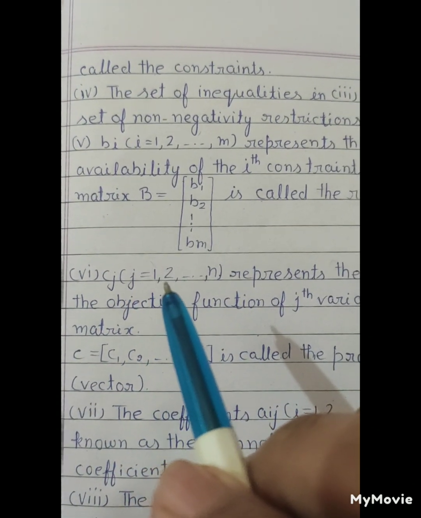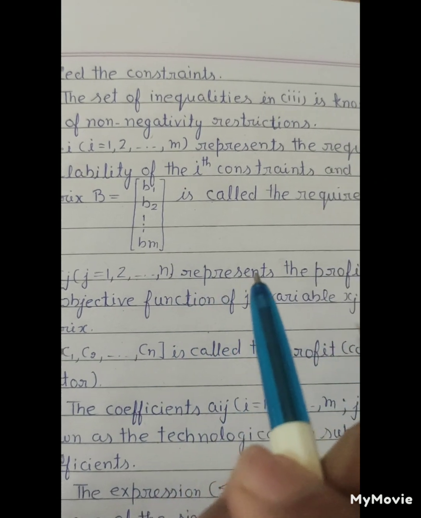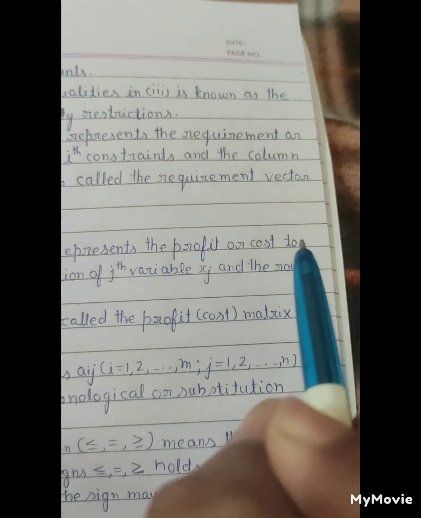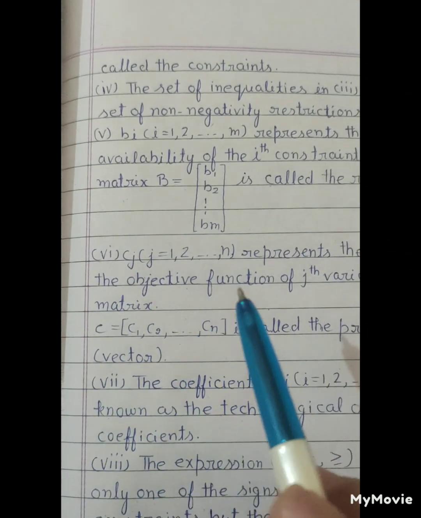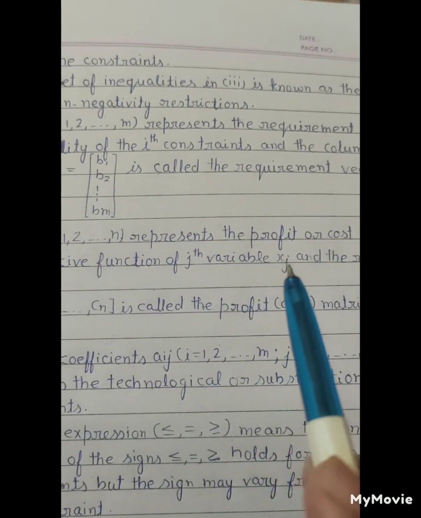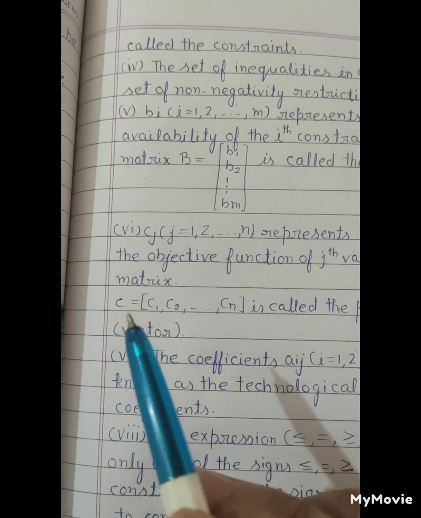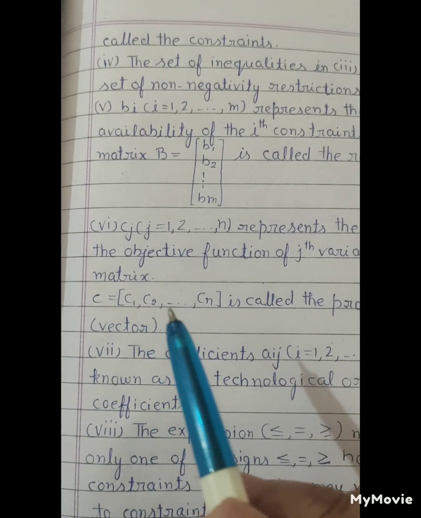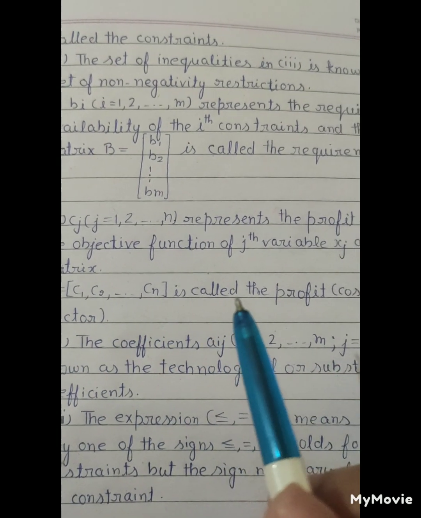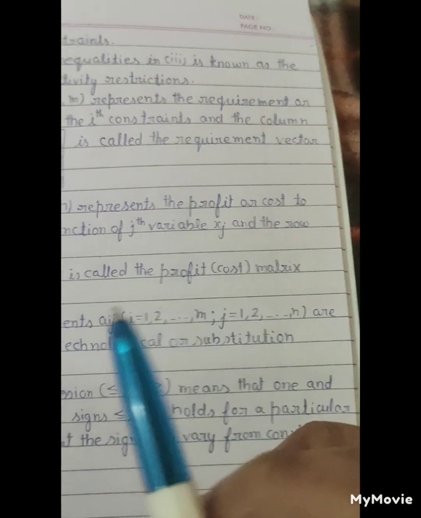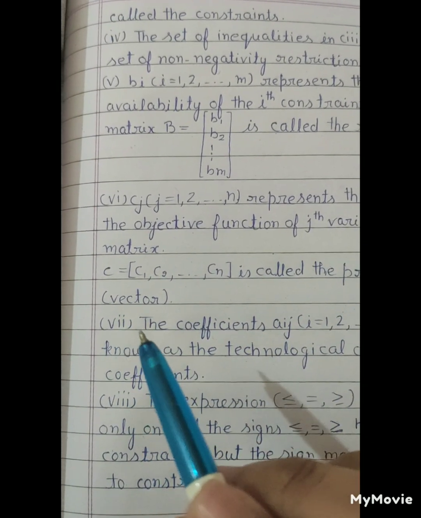Sixth, Cj, j equals 1, 2 and so on n, represents the profit or the cost to the objective function of the jth variable xj, and the row matrix C equals C1, C2 and so on Cn is called the profit or cost vector.